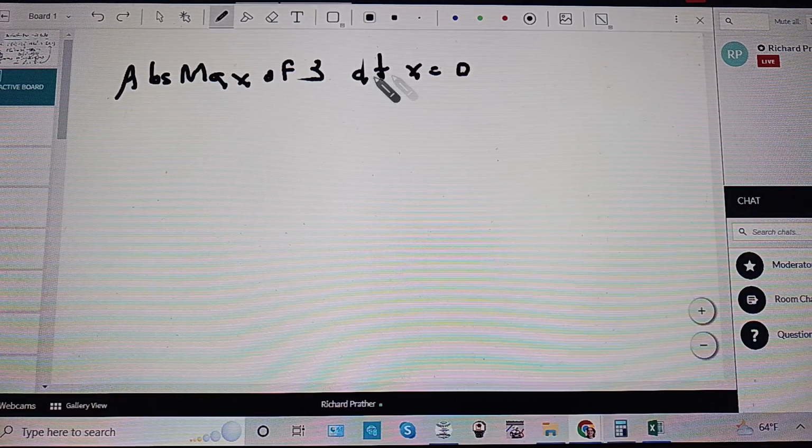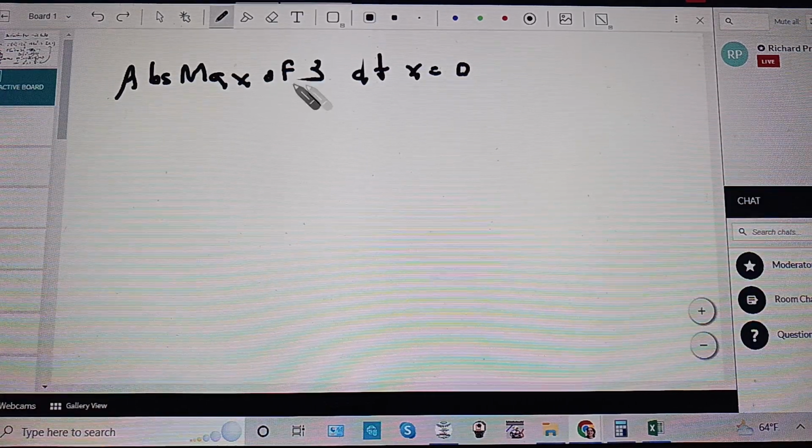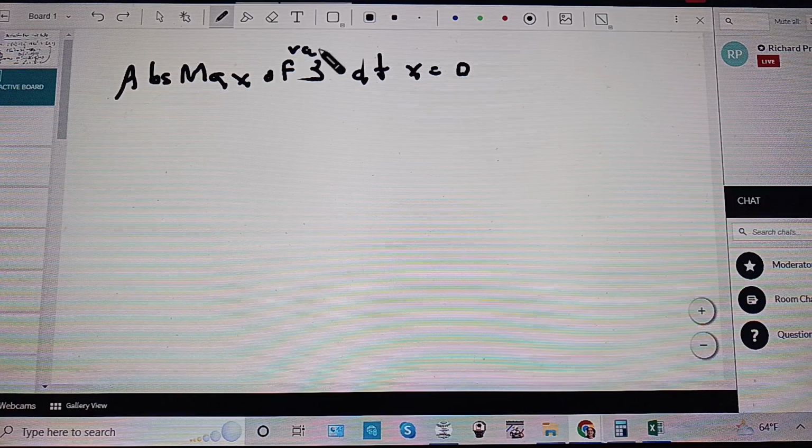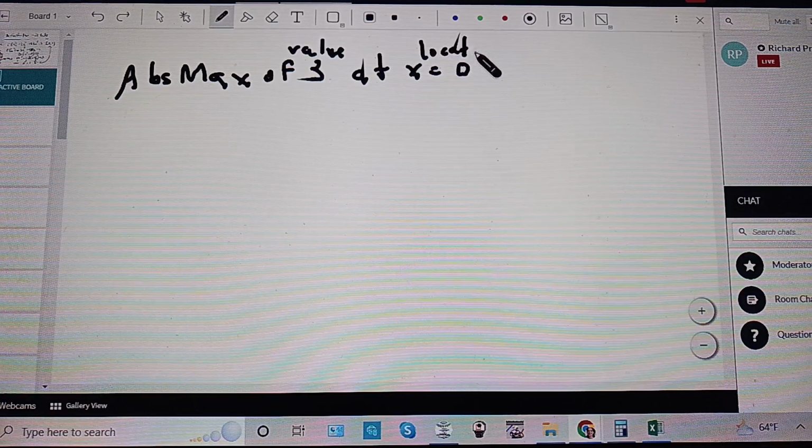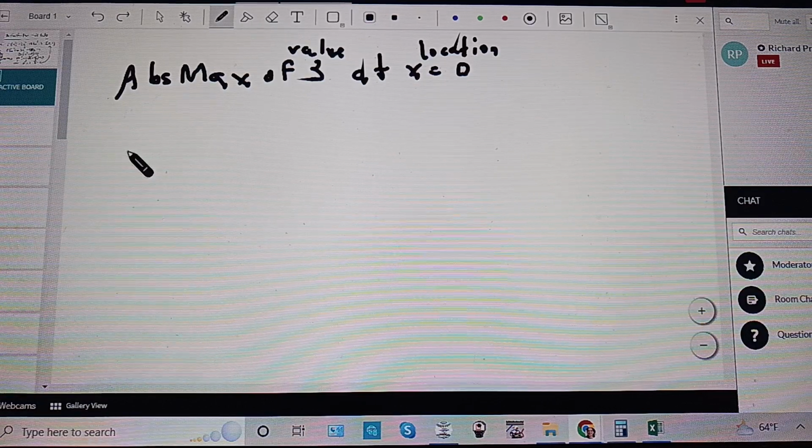They like the value and the location. Value, there can only be one value. Location, there can be a tie for a bunch of locations where it could happen. But often it's just one location for any given absolute max or min.